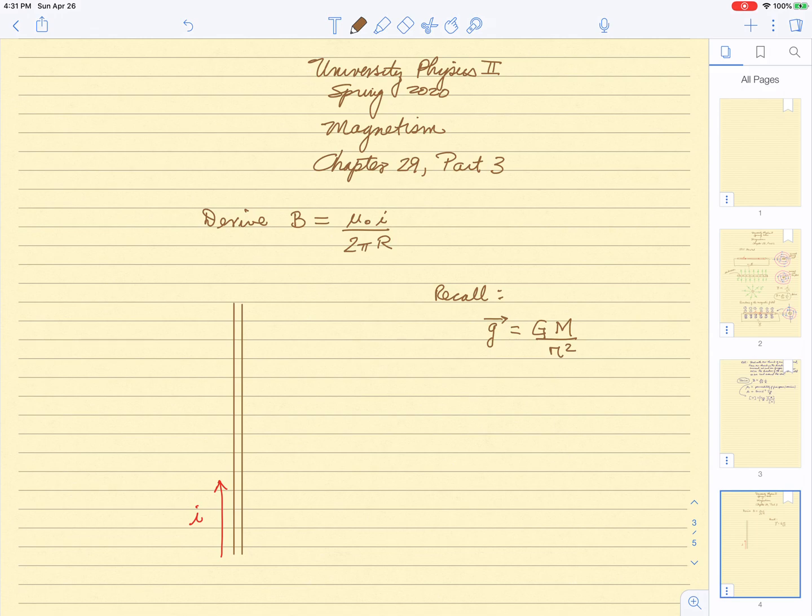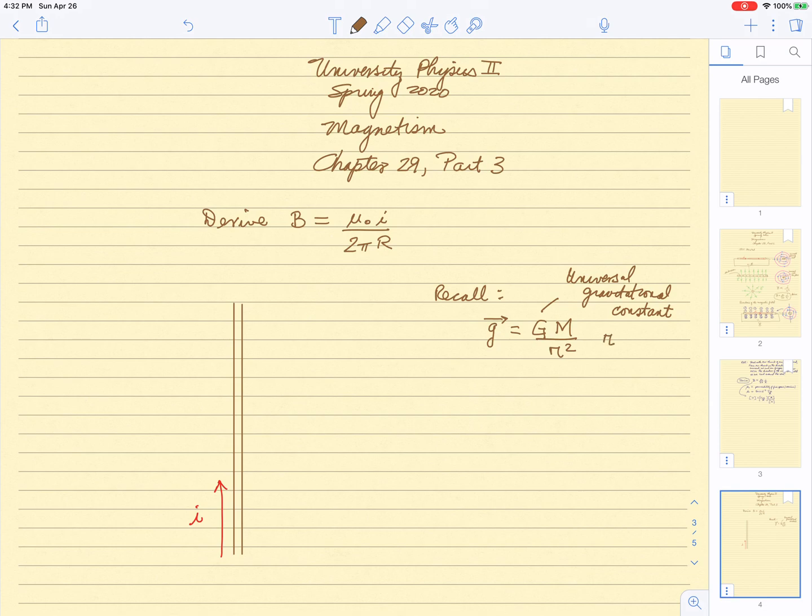So one could determine the gravitational field by just literally plugging into this formula, knowing that G is the universal gravitational constant. Now there's a caveat here, right?